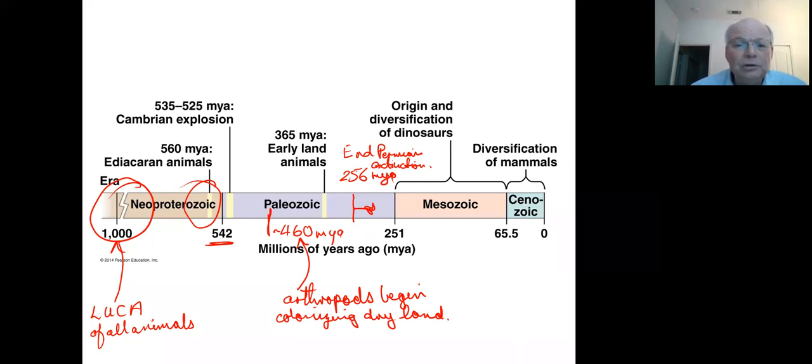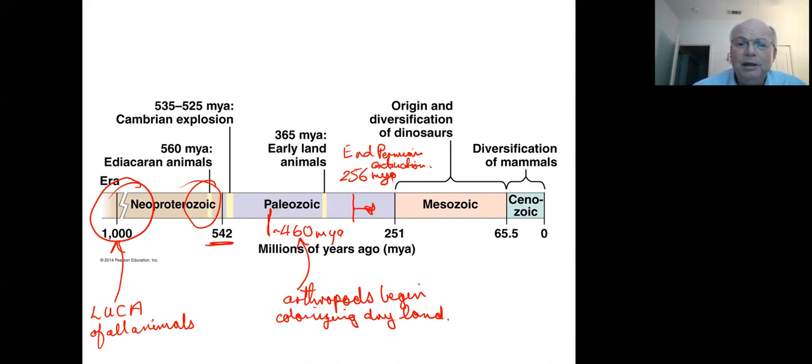But in losing all of those species, you also open up all the habitats that are available to organisms that can take advantage of them. And we know that there are reptile-like creatures here that are able to take advantage of these open niches. And so we see the emergence of reptiles, but we also see the emergence of the early ancestors of what would become the other major lineage of terrestrial tetrapods, the mammals.